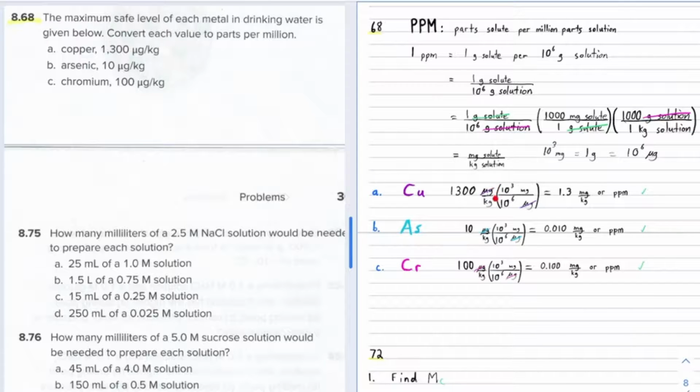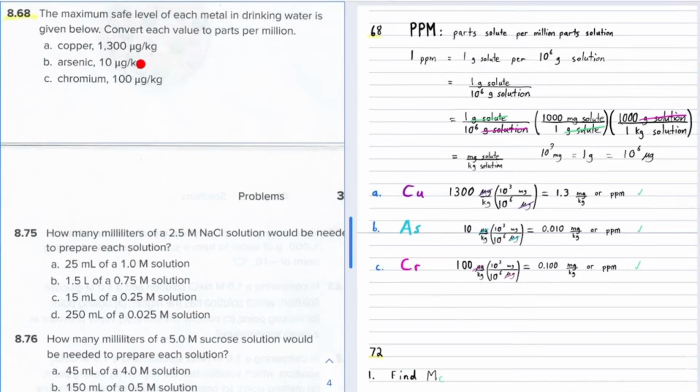We know that 10 to the 6 micrograms is the same thing as 10 to the cube milligrams. That's going to change the upstairs unit to milligrams. And now we're left with milligram per kilogram. And the calculation is pretty simple. 1,300 times 1,000 divided by 1,000,000 gives you 1.3. So you got 1.3 milligrams per kilogram, or 1.3 ppm.